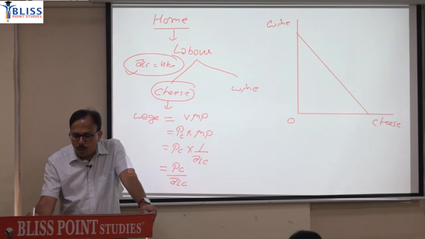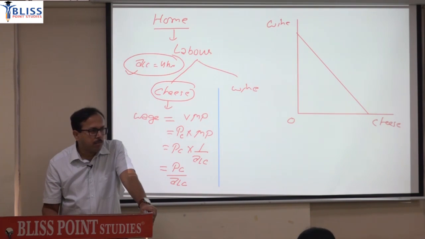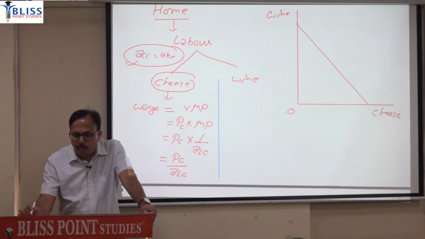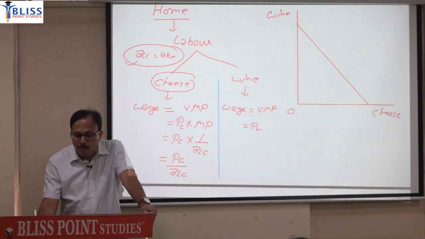The wage in the cheese sector will be PC upon ALC. Clear? Similarly, what will be the wage in wine? You apply the same argument. Wage here will again be equal to VMP. VMP will be price of wine into marginal product of labor, and marginal product of labor will be 1 upon ALW. So this will become PW upon ALW.